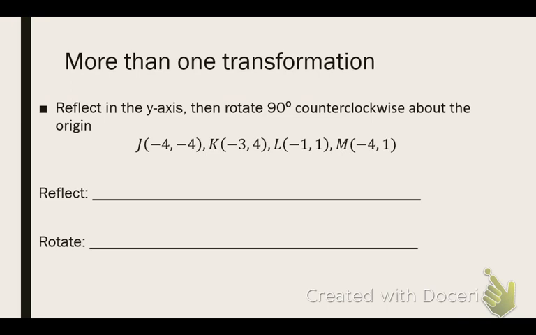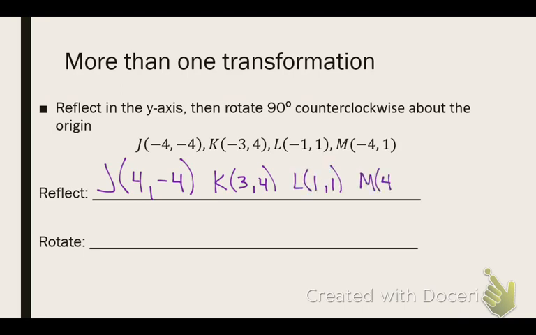So if I reflect in the y-axis, I do the opposite of what? X. So it's J, 4, -4. K, 3, 4, because I do the opposite of X, but I leave my Y the same. L, 1, 1. M, 4, 1.